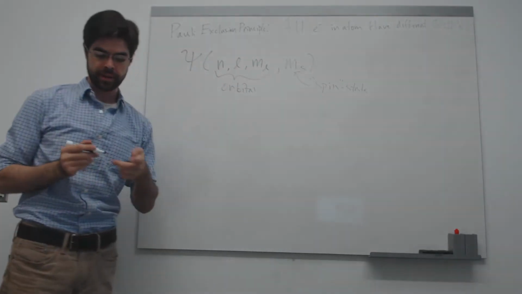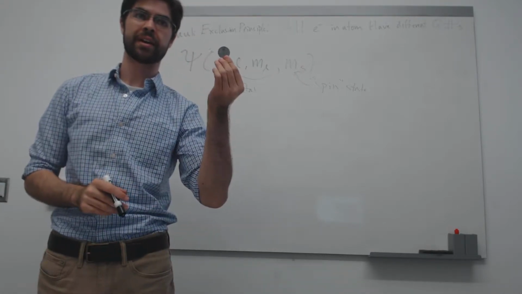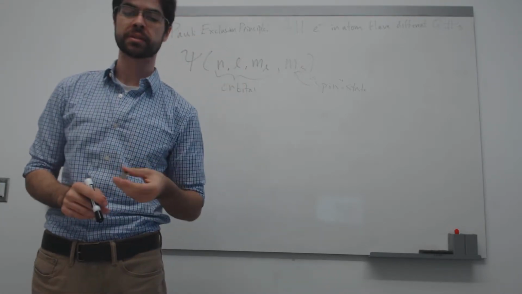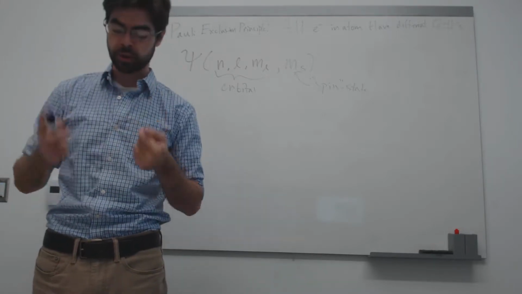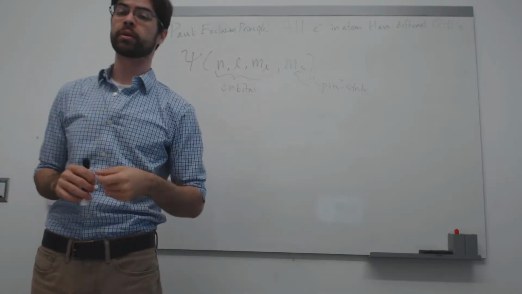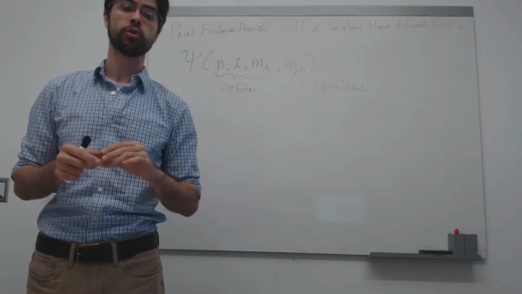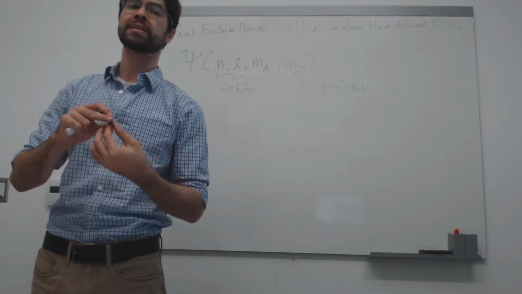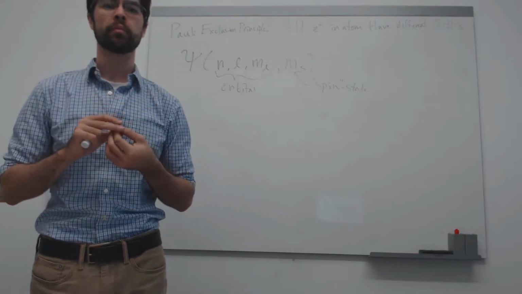Basically, electrons can either be heads up or tails up. They have 2 different options to describe their internal characteristics, and then we have 3 different quantum numbers to describe the motion of the electron around the nucleus. The 4th quantum number, to some extent, describes an electron's internal motion.